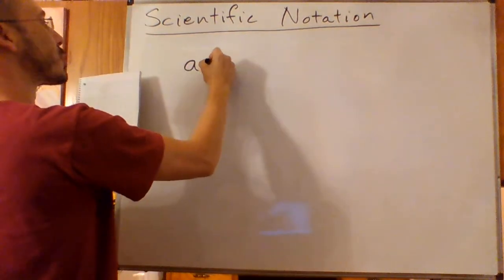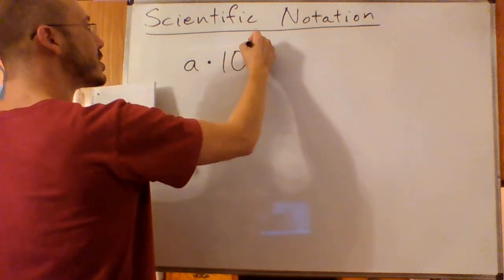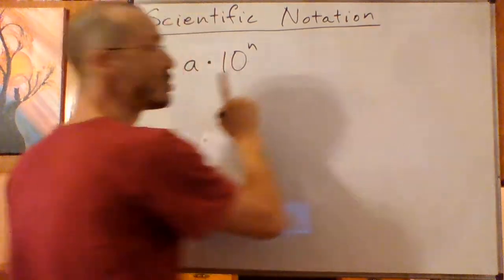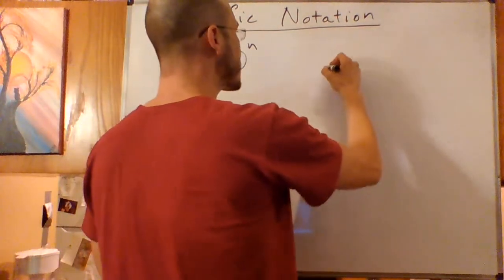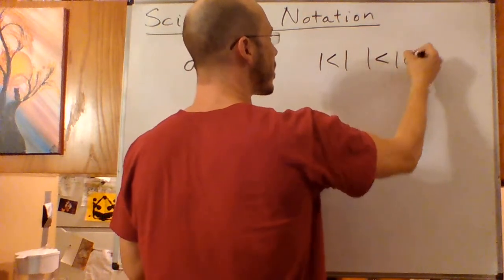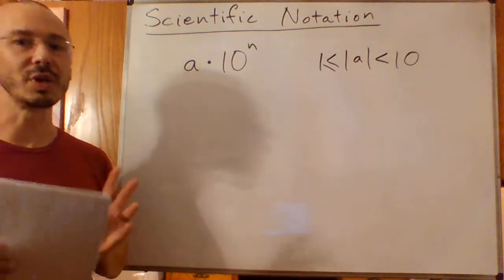And it looks like this. We're going to have a number times 10 to a power with two conditions here. First, the number needs to be between 1 and 10.